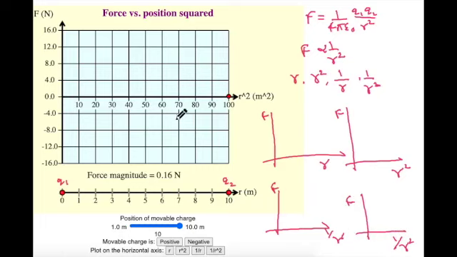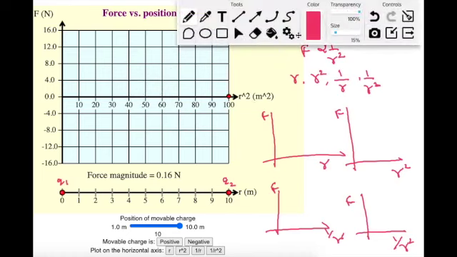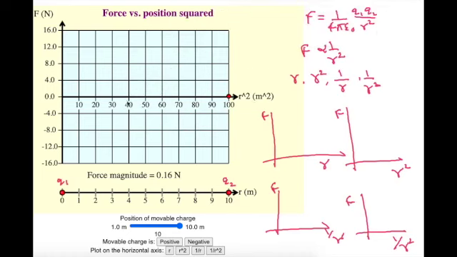Now let us see how the simulation will work. Please see here, this is the charge Q1 and this is the charge Q2. Initially these are at a separation of 10 meters, and here the graph is plotting F versus R square. But first I will show you the graph between force and position. Let me click on R here.